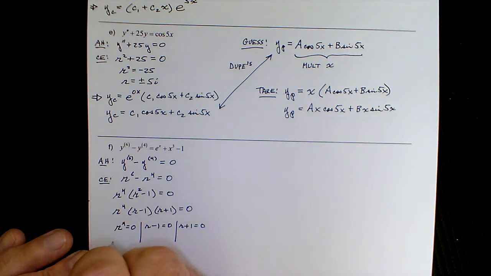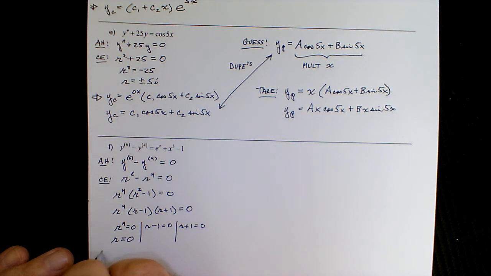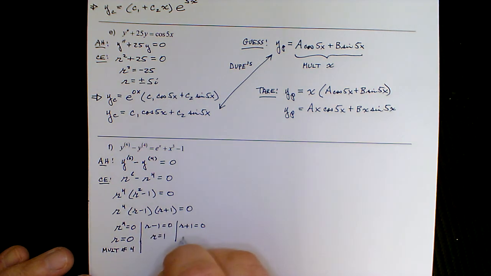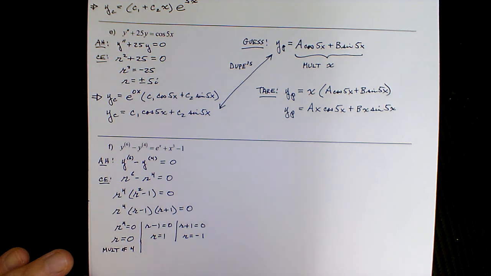Of course I didn't really need to write that. You could just jump to r equals 0, but this is important here. Multiplicity of 4. Here r is 1, and r is negative 1.